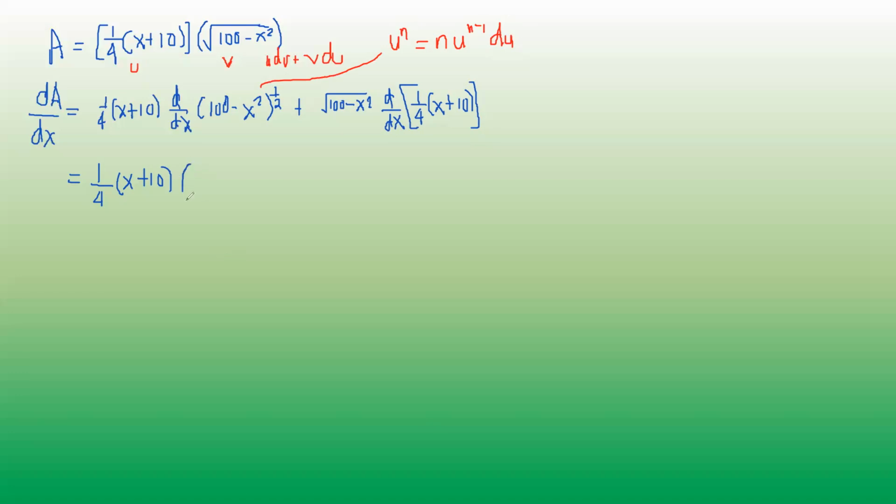So we will have 1/2, baba mo na sa exponent, so 1/2 times u. So u is 100 minus x squared. Then raised to 1/2 minus 1 is negative 1/2. Then du. So derivative of 100 minus x squared. So formula ito, n, u, n minus 1, du. Plus, write lang tayo dito, square root of 100 minus x squared.